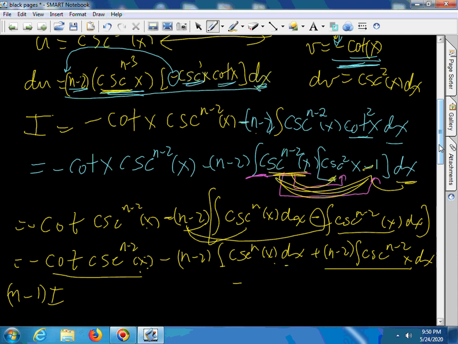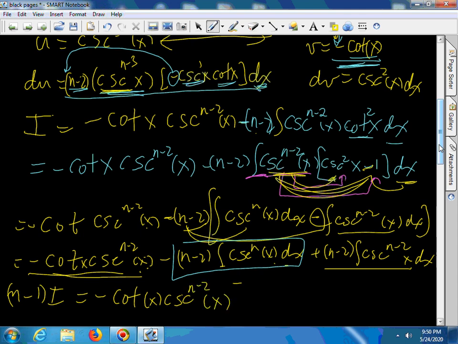Not this piece. I just brought this over to the other side. So I will have n minus 1 times I is negative, just copying, negative cotangent of x times cosecant raised to the n minus 2 x plus this integral.